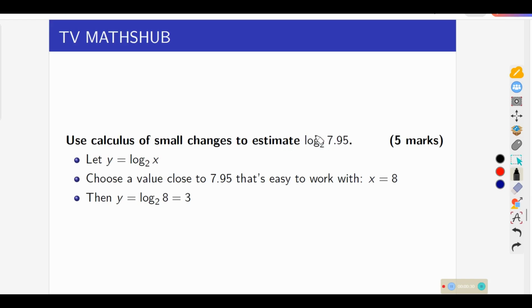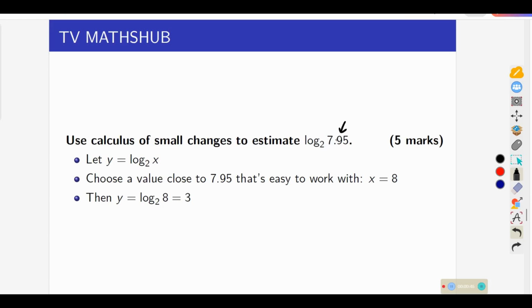So we first of all let y be log 2 of x, where this x is a value that is very close to 7.95, and which can easily be expressed in terms of 2.